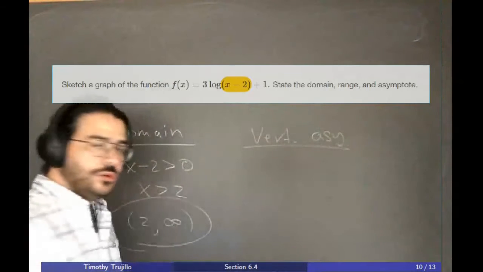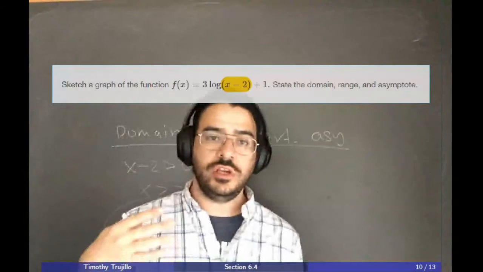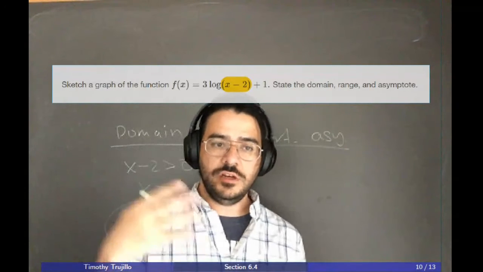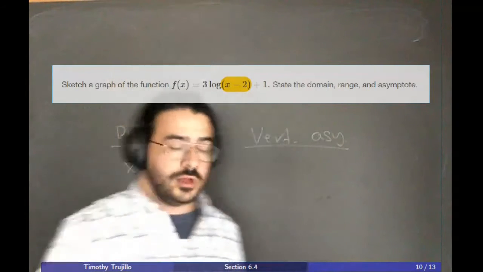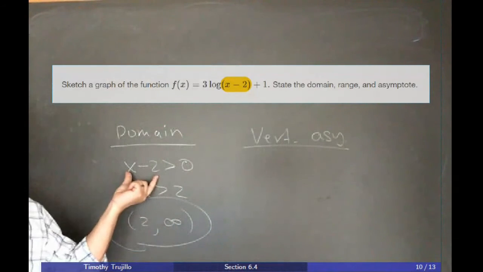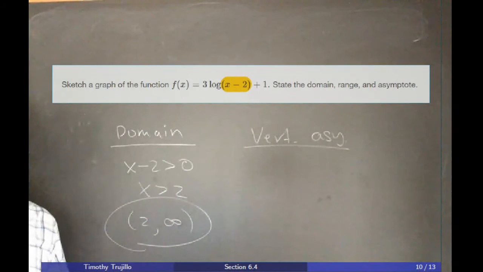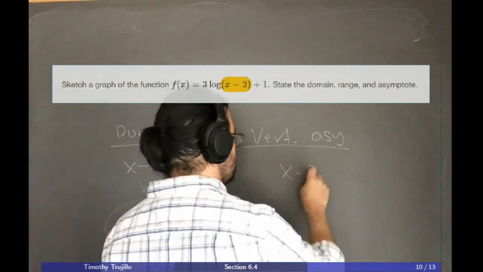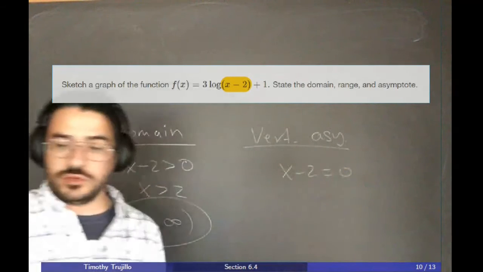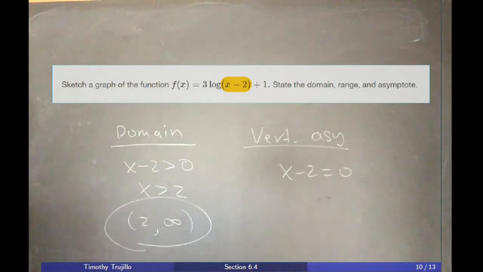For the vertical asymptote, just like when we were looking at a rational function, if the denominator of a rational function was ever 0, then we'd have that blow up to a vertical asymptote. Here, if the input to a logarithm is ever 0, then we're going to have this blow up that we're seeing in the picture, right? In other words, to find the vertical asymptote, you set the thing between the parentheses equal to 0.